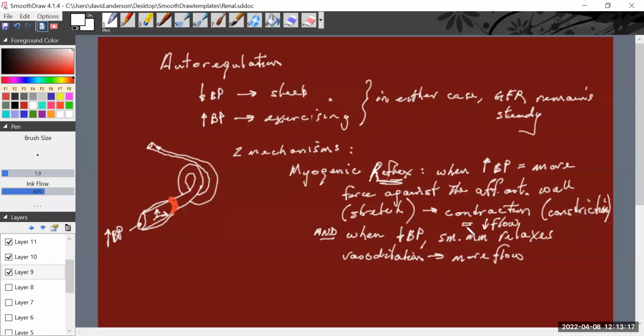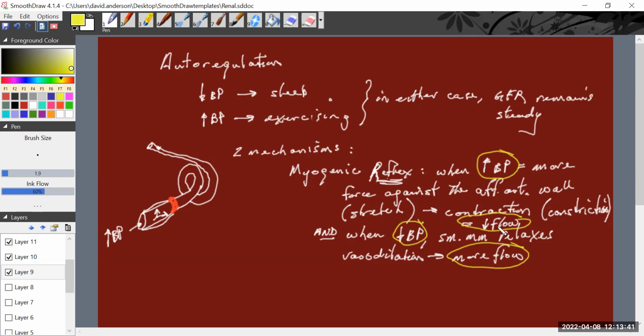So in that first explanation, we were going to see a decrease in flow against the high blood pressure. So we're working basically in negative feedback. Low pressure, more flow. High pressure, decreased flow. Now keep in mind what we're trying to do is maintain that net filtration pressure at that number around 10.